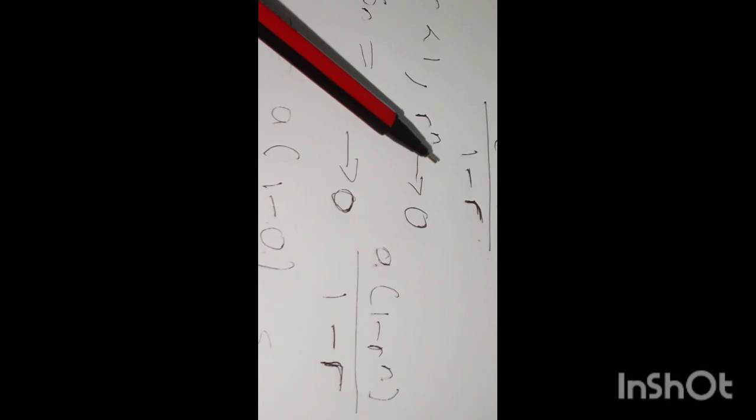So this is how this formula came about: since r to the power n is less than 1, it will be approaching closer and closer towards 0. So where there is r to the power n, you're going to replace it with a 0. When you replace it with a 0, it will be 1 minus 0, which gives us a 1. So a times 1 will give us a.